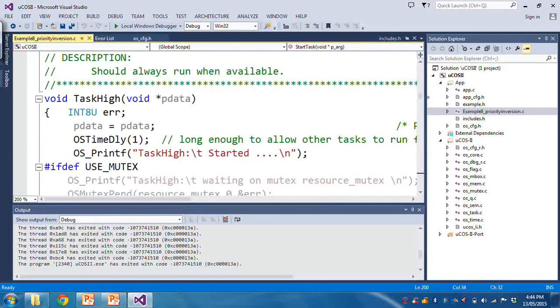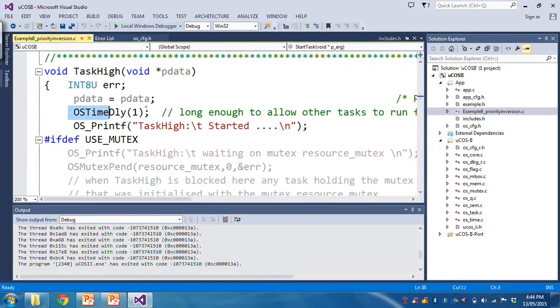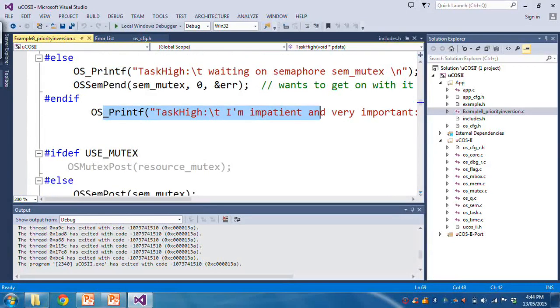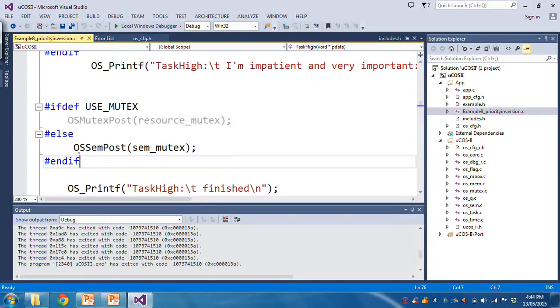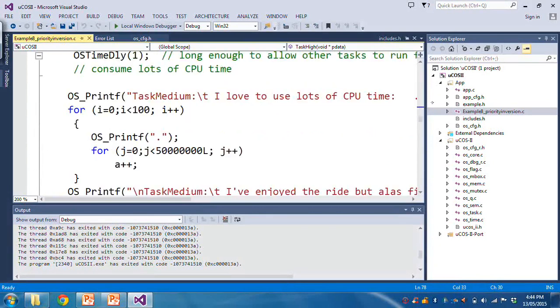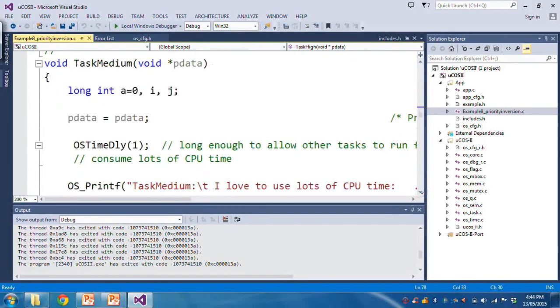The high priority task goes to sleep for a second, says it started, prints out waiting on a mutex, so it waits to collect the mutex. Once it has its mutex, it says, I'm very important, I've got to finish my work. Then it posts its mutex and says it's finished. The medium priority task just runs for a long time.